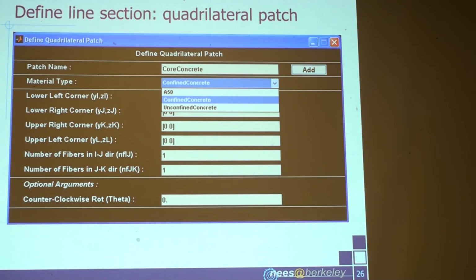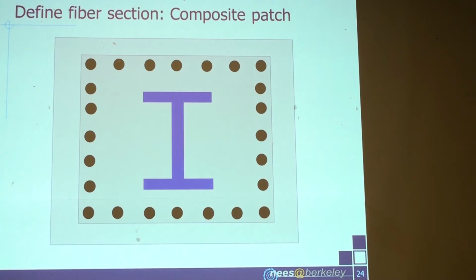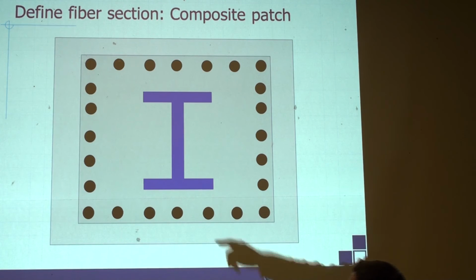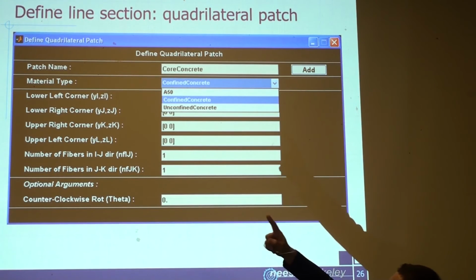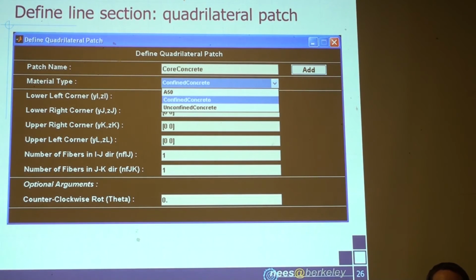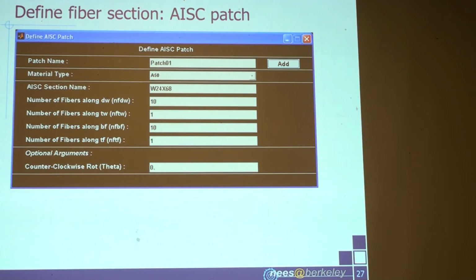So for example, if you want to define your core concrete in our section, if I want to do the inside part here, then I would come in here and basically go back to the materials. So all the materials that you defined previously will now show up as names there. And you just select it, put in the rest of the properties, generate your patch.